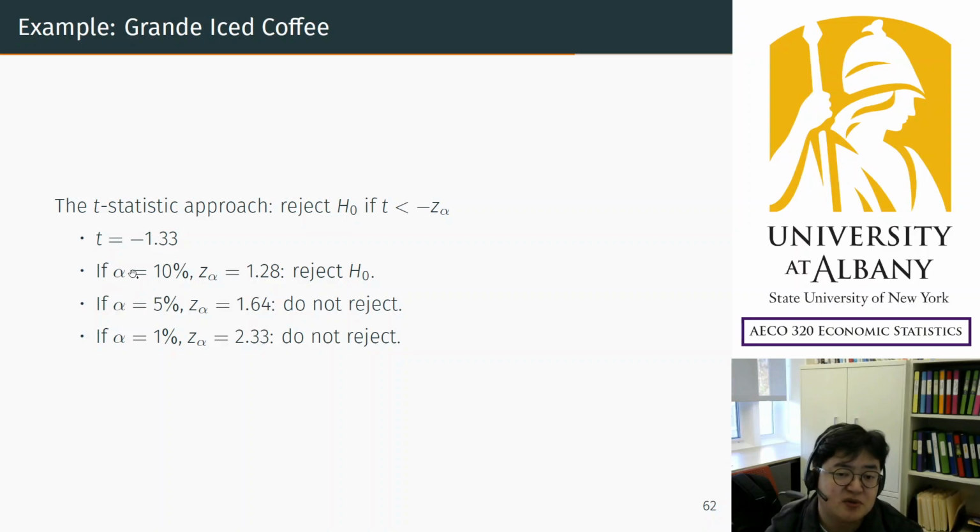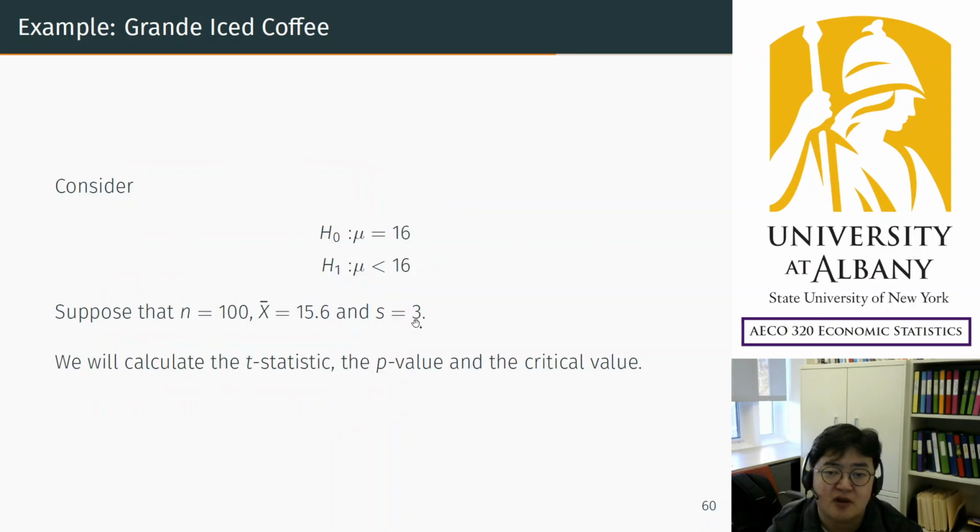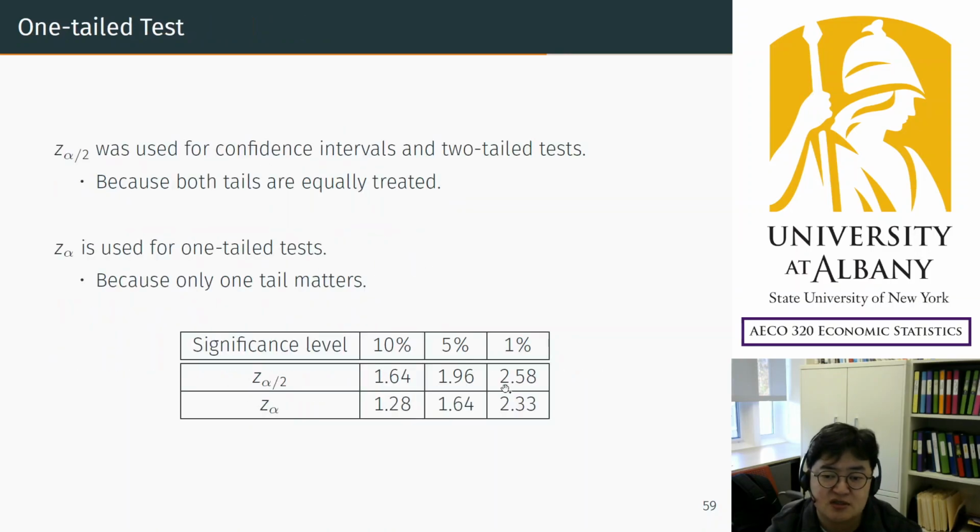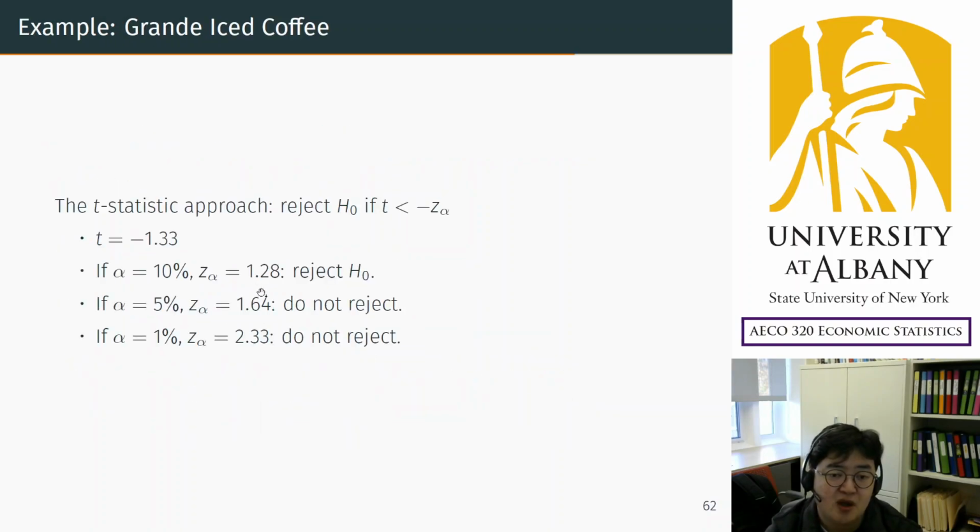If you use 10%, the threshold is 1.28. Here, look at these numbers: 1.28, 1.64, 2.33. By the way, of course, you have to take the minus sign in front of them. So minus 1.33 is lower than this threshold.